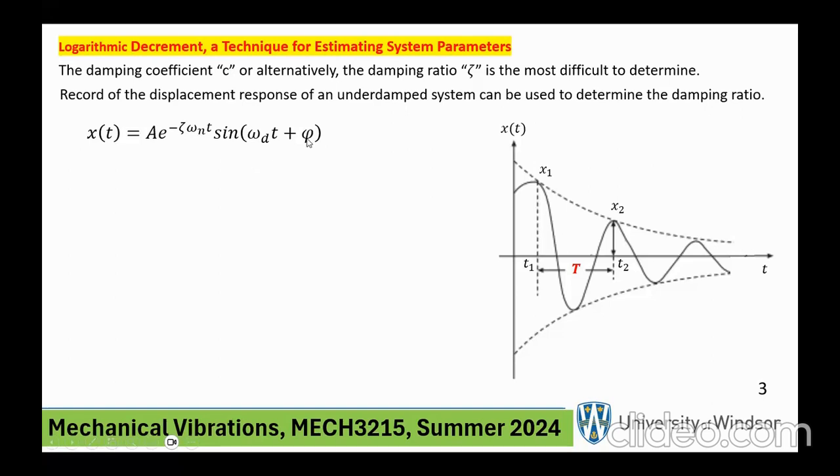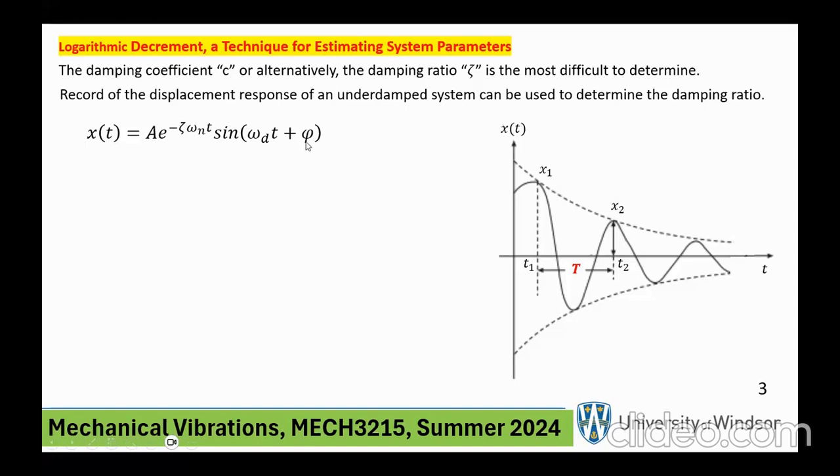So, of course, part of our job later on is to find out what the phi is and what the A is, particularly when we do the force response later on. But right now, this A and that phi, because it's a free vibration, are determined from initial conditions. I had the expression for A and phi from a week ago, and it was terrible, but it's there. Once you have the initial velocity and initial position, you can find A, you can find phi.